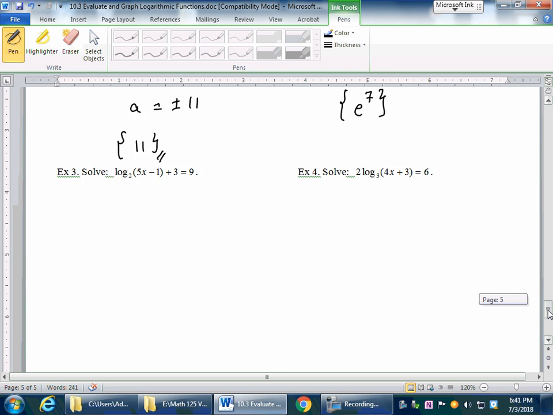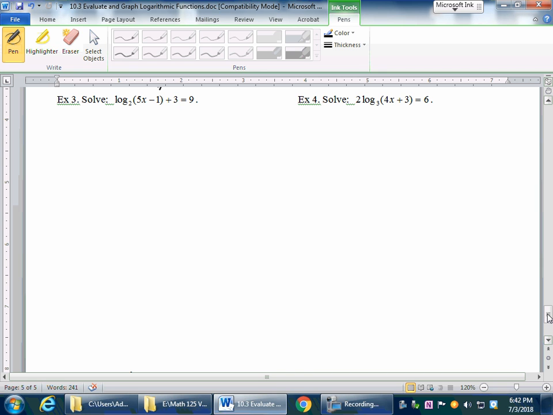Next. So this time, I don't have a single logarithm expression on one side. So first, what I need to do is subtract 3 from both sides to get my logarithmic term by itself. This is my logarithmic term. So log base 2 of 5x minus 1 is equal to 6 after I subtract 3 from both sides.